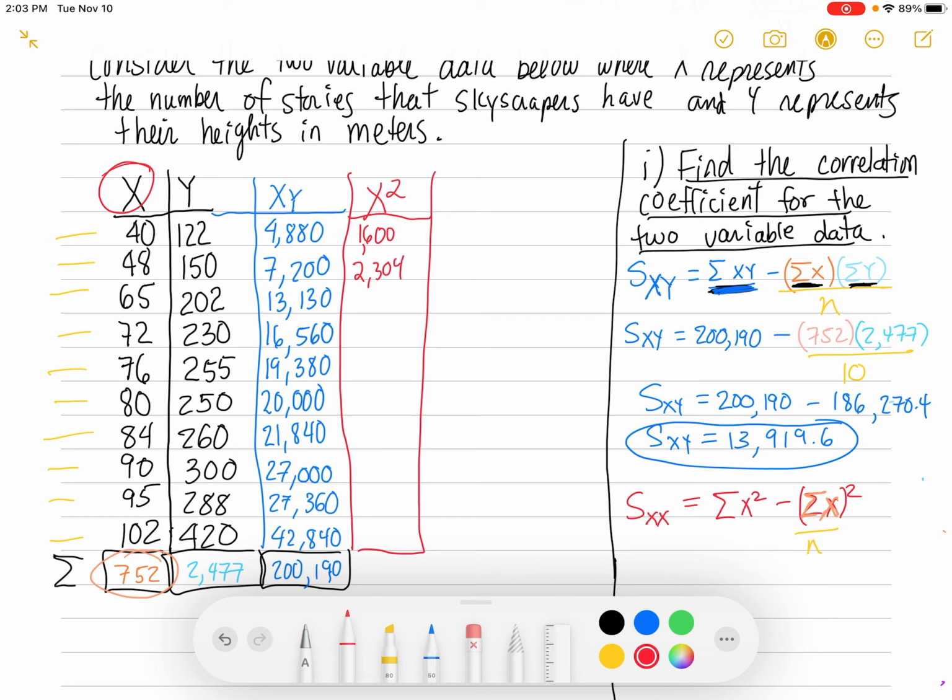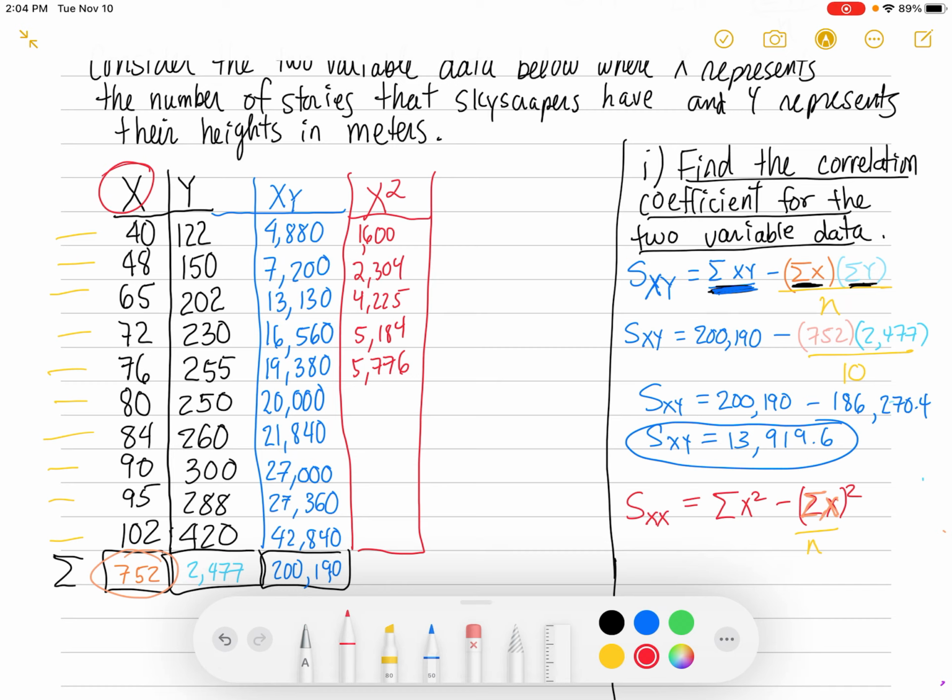What else do I have? 65 squared is 4,225. 72 squared is 5,184. 76 squared is 5,776.